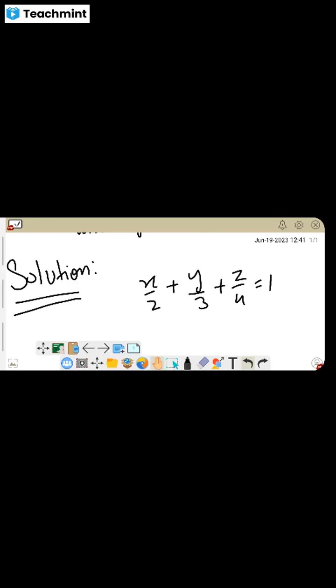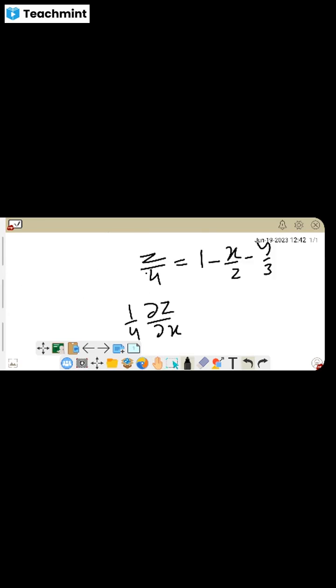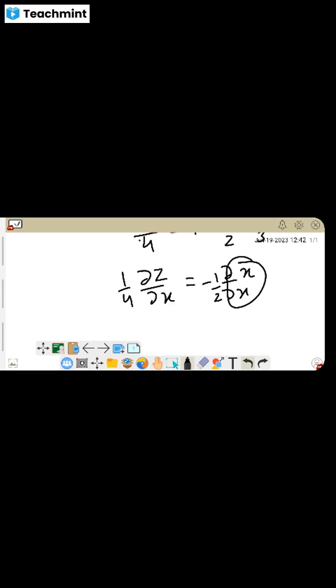And z over 4 is equal to 1 minus x by 2 minus y by 3. Now differentiate with respect to x, del z over del x, and take 1 by 4 here, is equal to, this is 0 and this also 0, and we have minus 1 by 2 of x, and this will become 1.